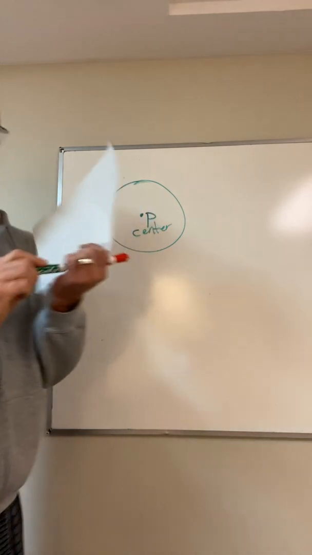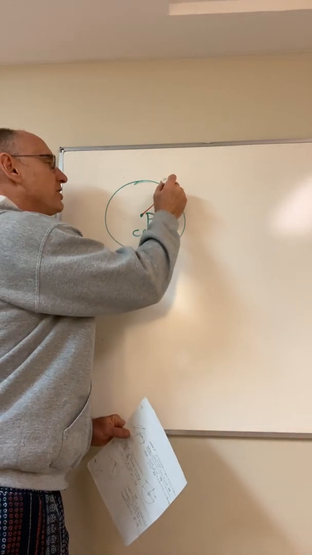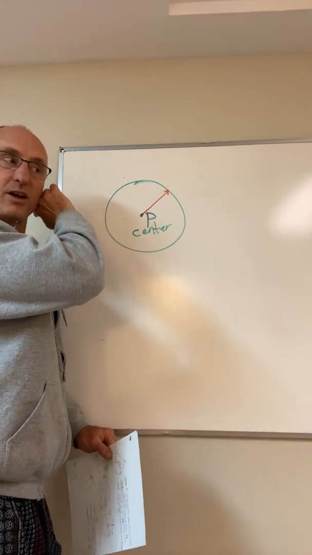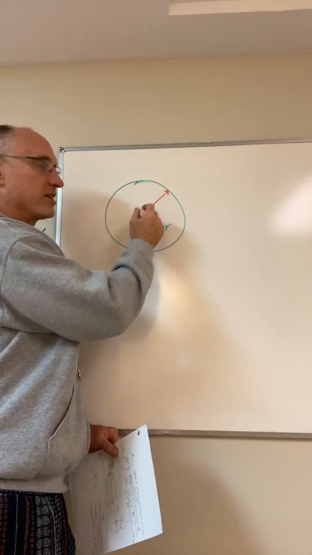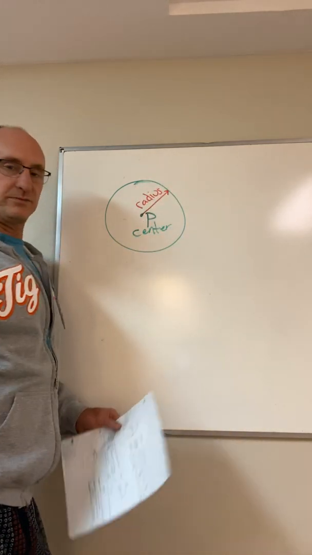And then if I measure from that center out to the edge, and remember, you can pause this video to catch up, if I measure the distance from the center to the edge, that distance is called the radius, okay?